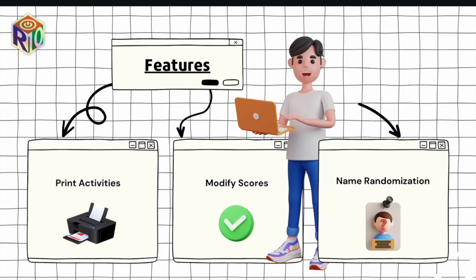Some of the features that we have implemented in the past few months are the ability to print activities, to modify scores, and name randomization. Print activities was a feature that was commonly requested by our users, and we understand that sometimes that is an important thing to be able to do. We now have a print button on your TbC Classroom activities.